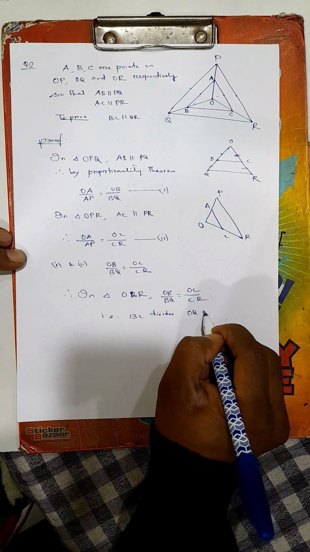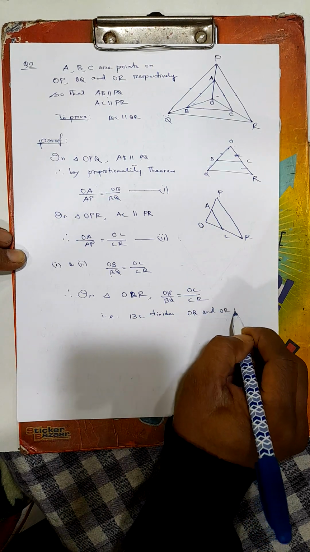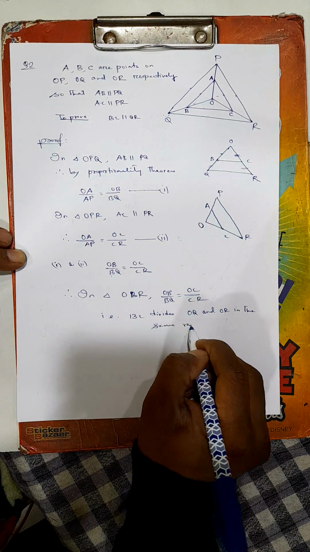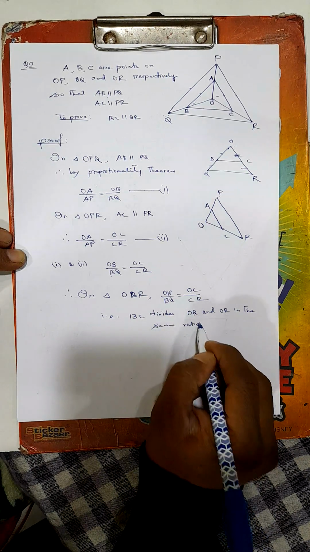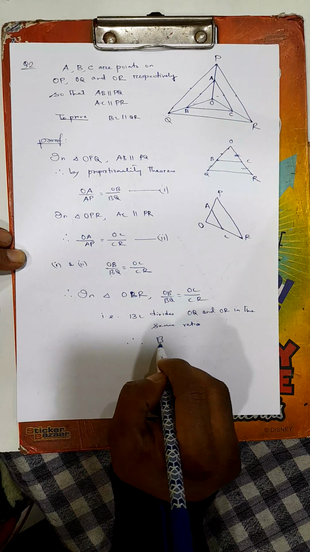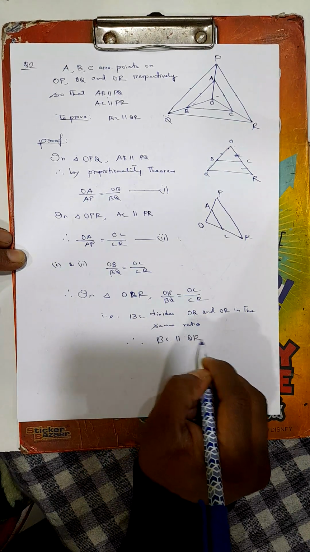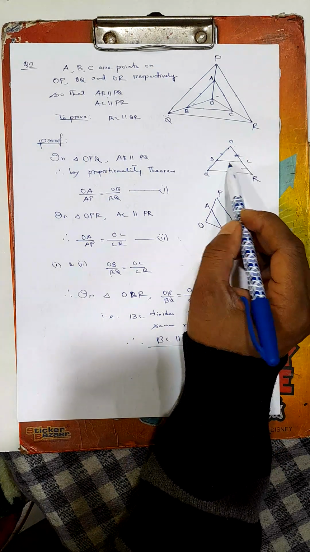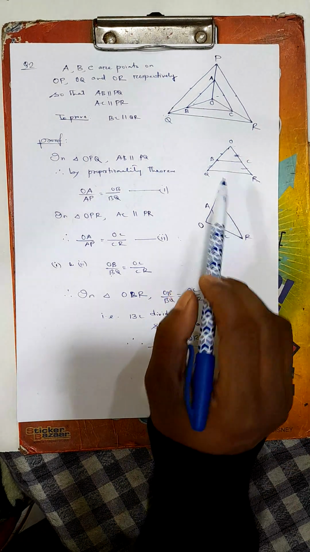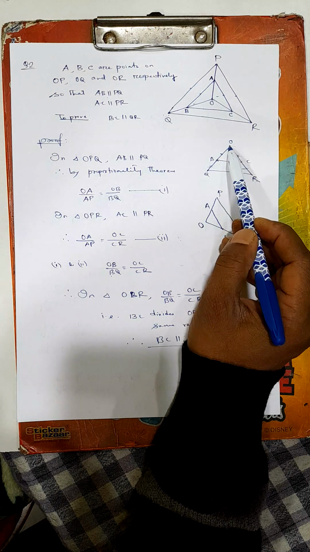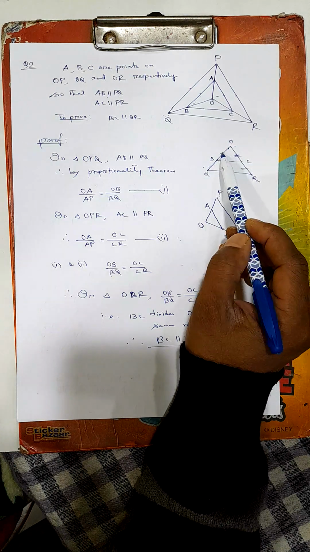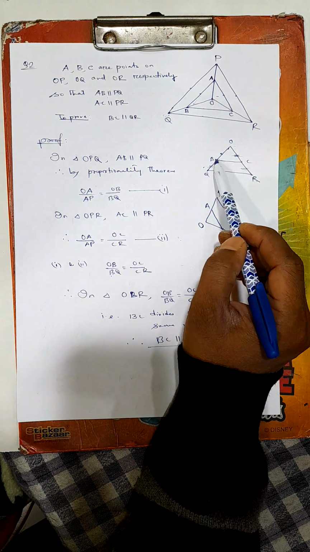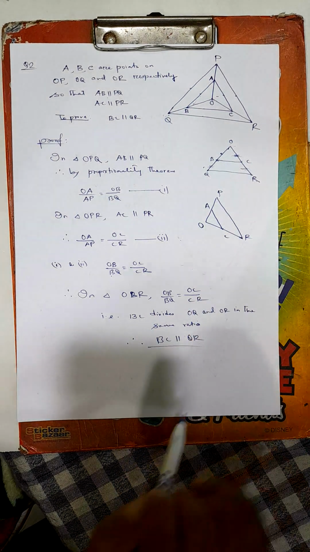Therefore, BC is parallel to QR. If a line divides two sides of a triangle in the same ratio, it is parallel to the third side. So BC divides OQ and OR in the same ratio, OB by BQ equals OC by CR. That is, BC is parallel to QR.